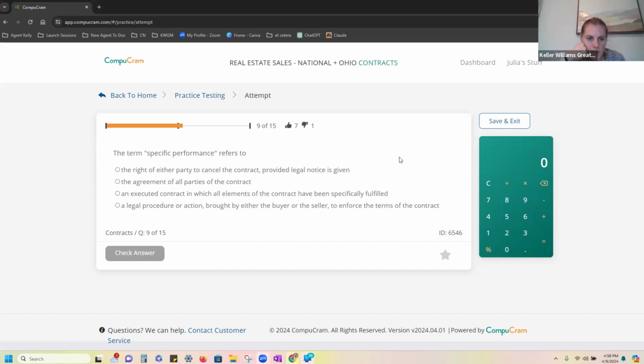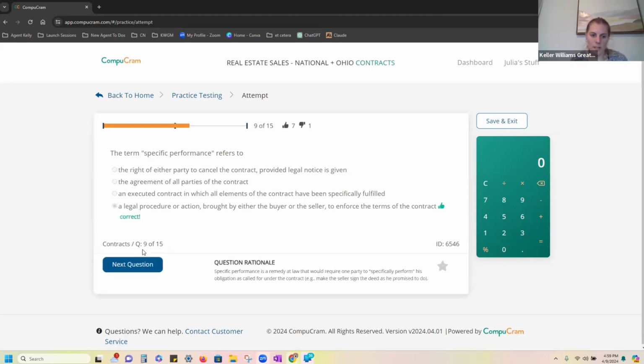This is really between C and D. I think either buyer or seller could ask for specific performance. And C is when they do follow through with a specific performance. So let's see. All right, yes.